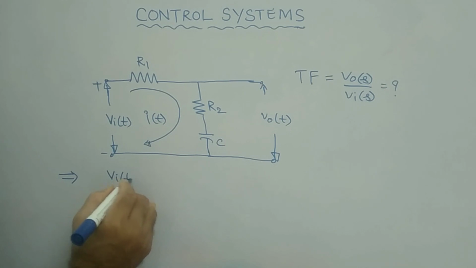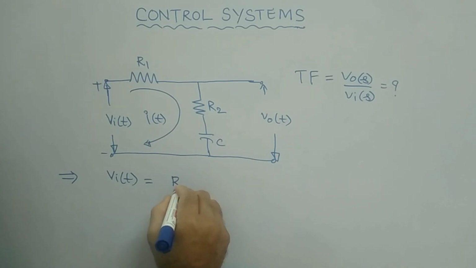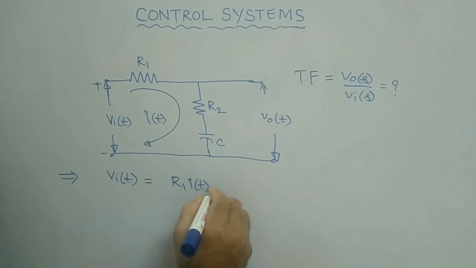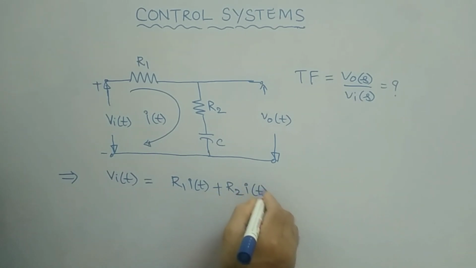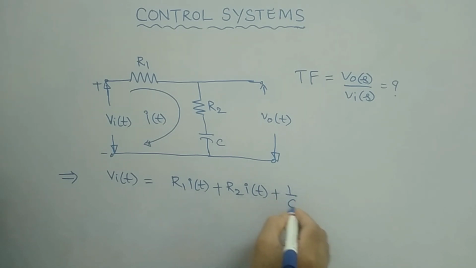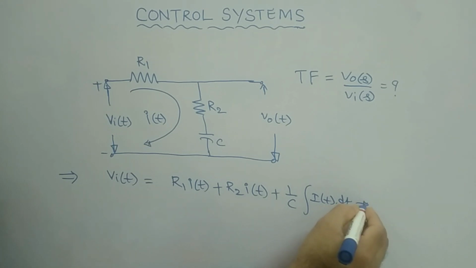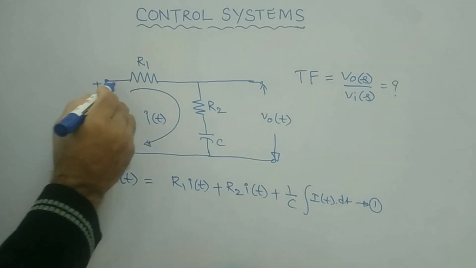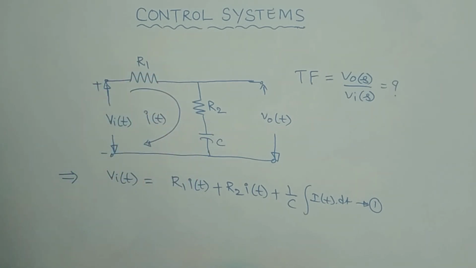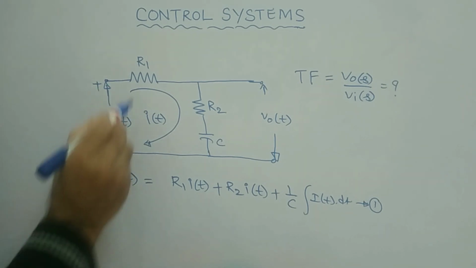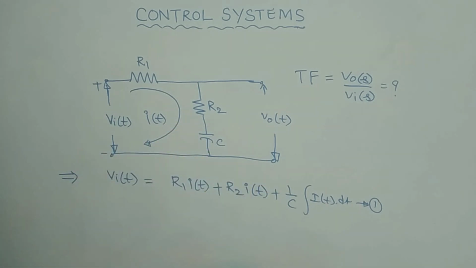Vi of t is equal to R1 into I of t plus R2 into I of t plus 1 by C integral of I of t dt. Call it equation number 1. Clear? This is my first loop. For this I am applying Kirchhoff's voltage law, that is KVL. Then Vi of t is equal to R1 into I of t plus R2 into I of t plus 1 by C integral of I of t dt.